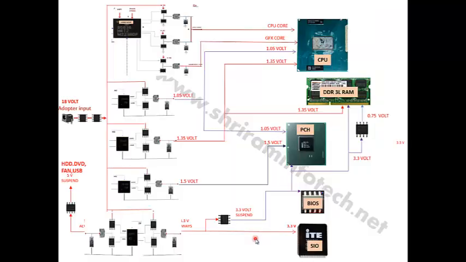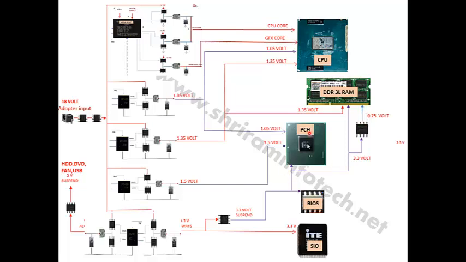Okay, so in this diagram we'll see different chips require different voltages. Like we give the input 18 volt, and different pulse width modulators generate different voltages. Here it generates 5 volt, then 3.3, 1.5, 1.35, 1.05, then graphics core and CPU core. The RAM requires, if it is DDR3L RAM, 1.35 volt, that is VDD, then 3.3 for the SPD, and 0.75 for the VTT, or 0.67 for the VTT.